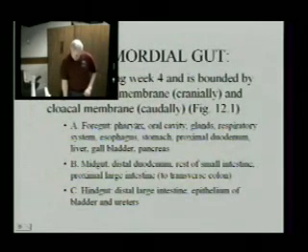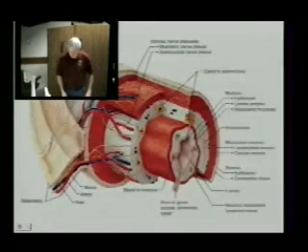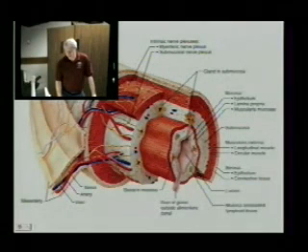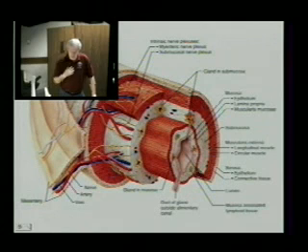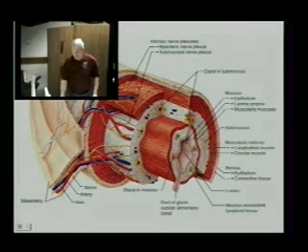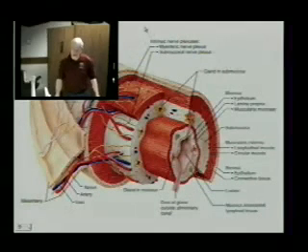I need one more point before I leave that slide. There will be some places where there will not be a surface layer of epithelial cells. For example, the esophagus and the posterior mediastinum, the posterior thoracic cavity. There is just the surrounding loose connective tissue is continuous with the loose connective tissue in the area.